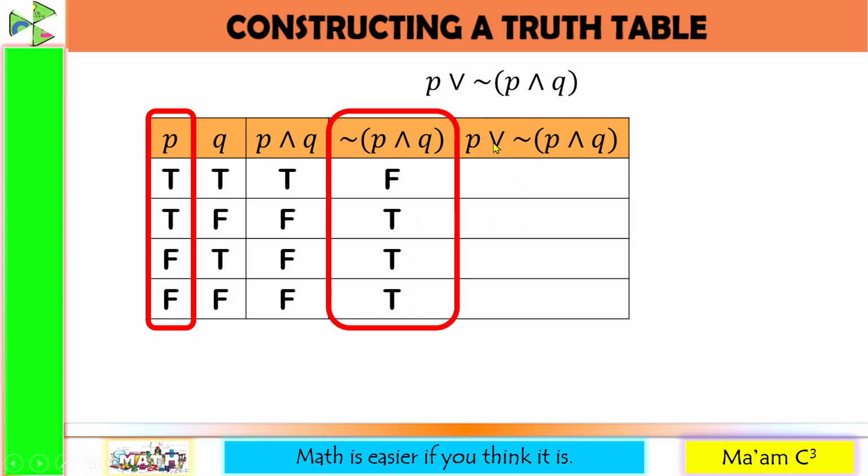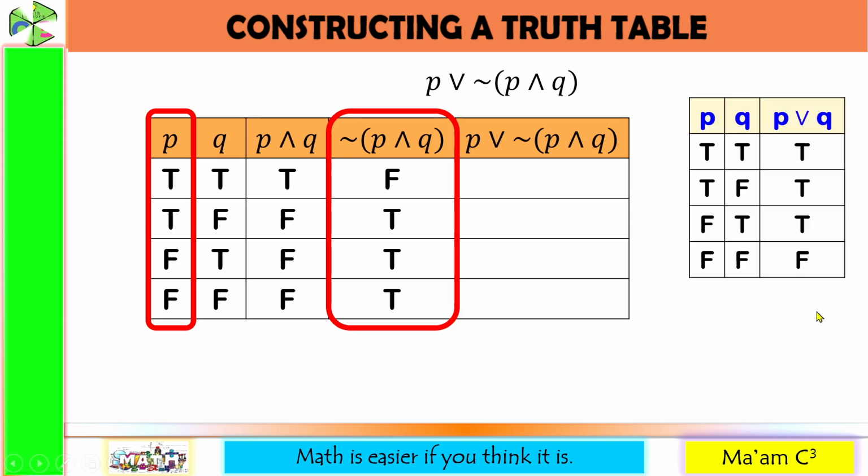Now, since this is disjunction, let us recall our truth table for disjunction. Once again, for disjunction, it only becomes false when both of the propositions are false. So we have here true, false. There is one true, so this is true. I have here both true, so this is still true.